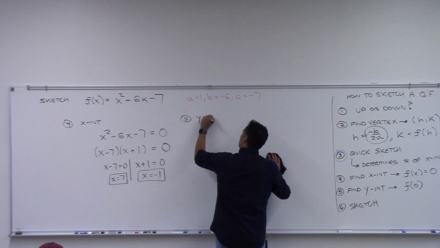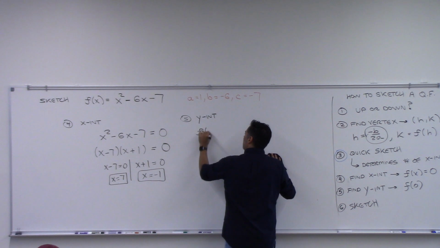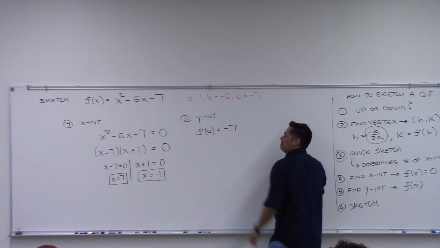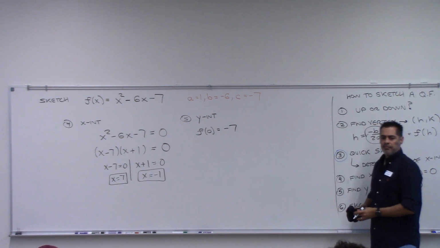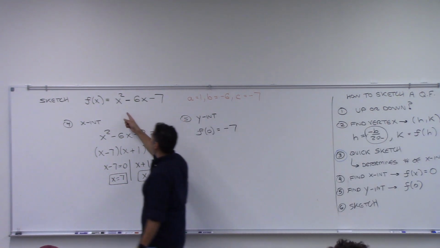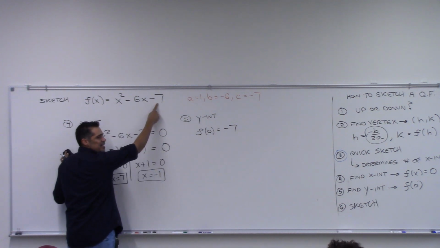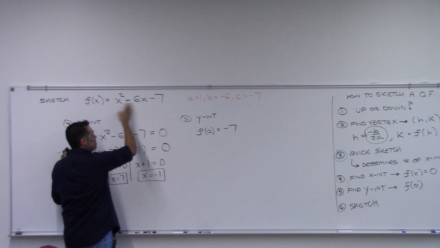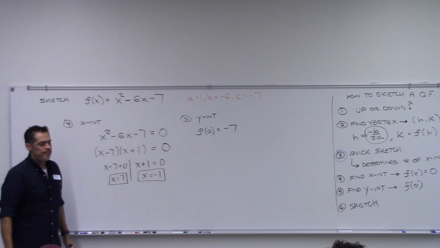Just plug in 0 for x into the function. And what do you get? Negative 7. That's what happens when you plug 0 into that function. In fact, won't it always be c? Yeah, it'll always be c, because those terms will be zeroed out from the zeros in there, and then you just have the c at the end.